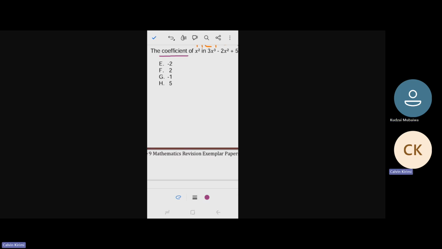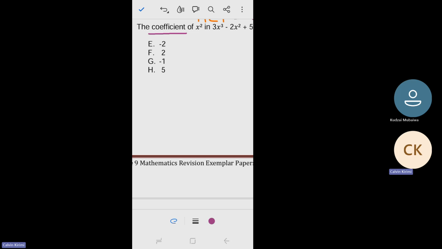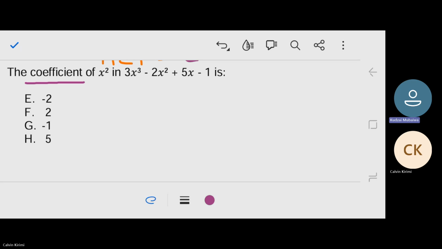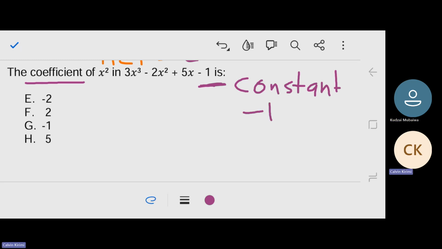I was saying coefficient means the number in front of the variable x squared. It can be a number in front of x cubed, or in front of x, but a coefficient is not a constant. A constant is a number that does not have any variable. Here the constant is -1, because it does not have a variable.